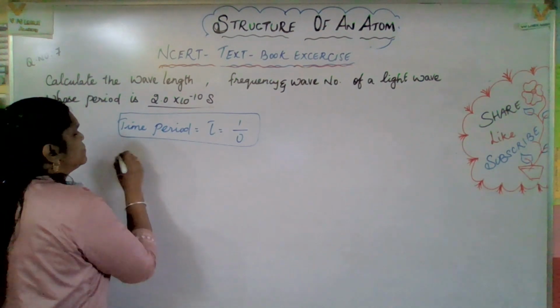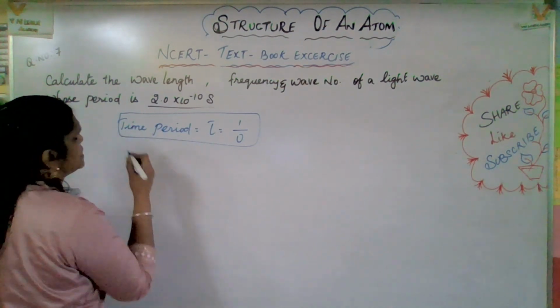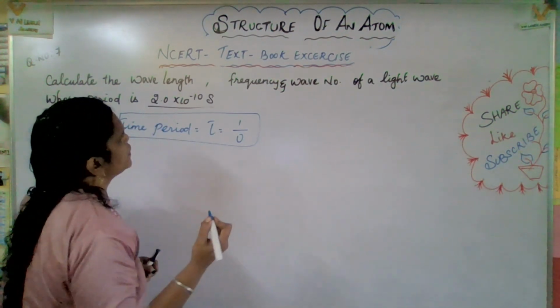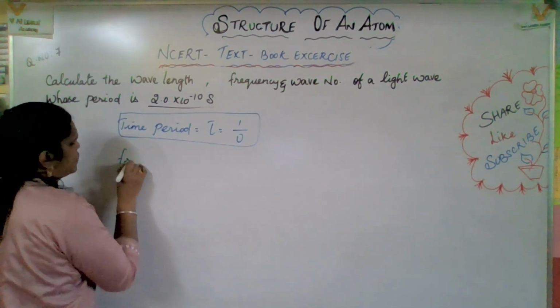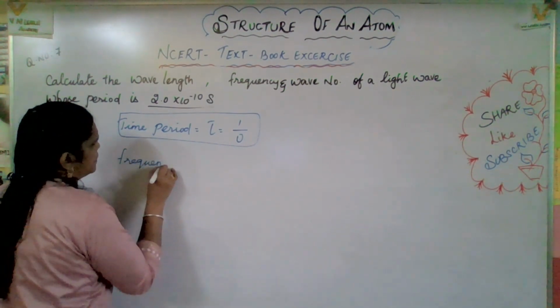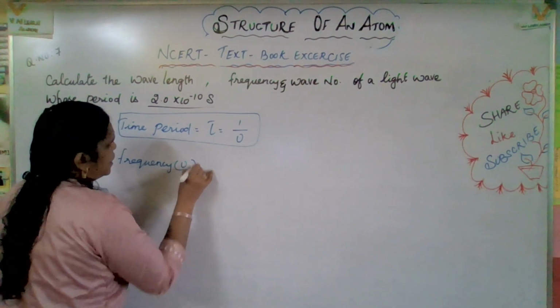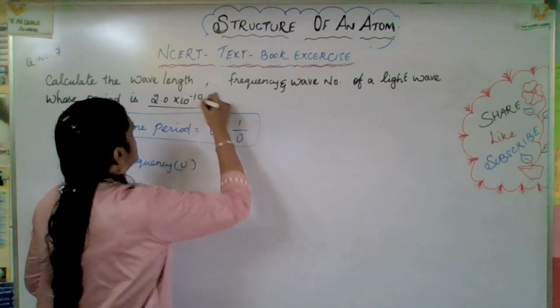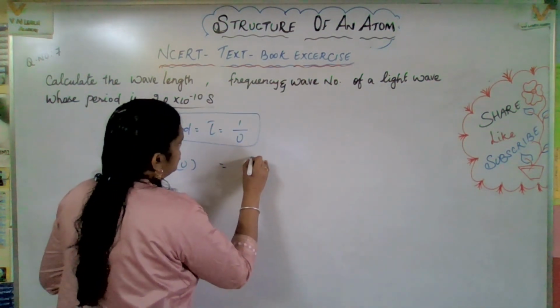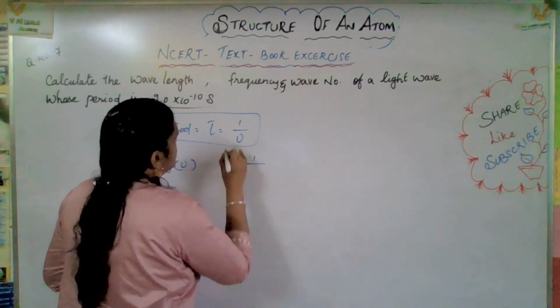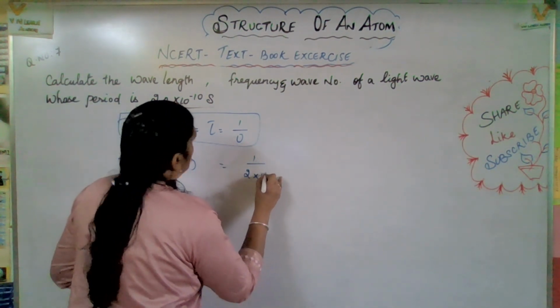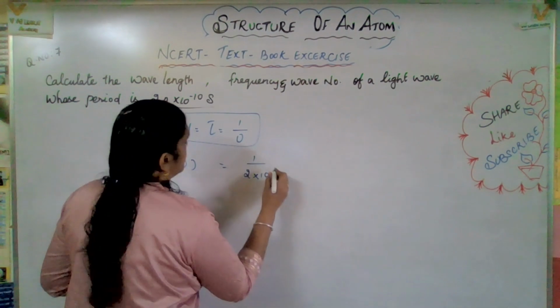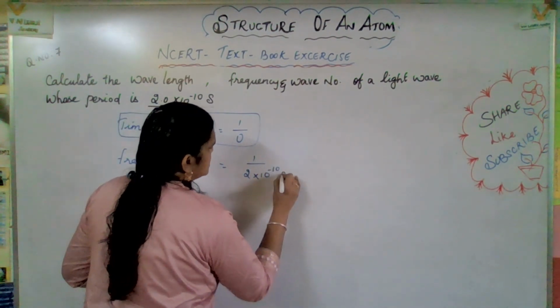Now first and foremost, let us find out the frequency, nu. Here they have given the time period, so nu is 1 by the time period. So 1 by 2.0 into 10 to the power of minus 10 seconds.